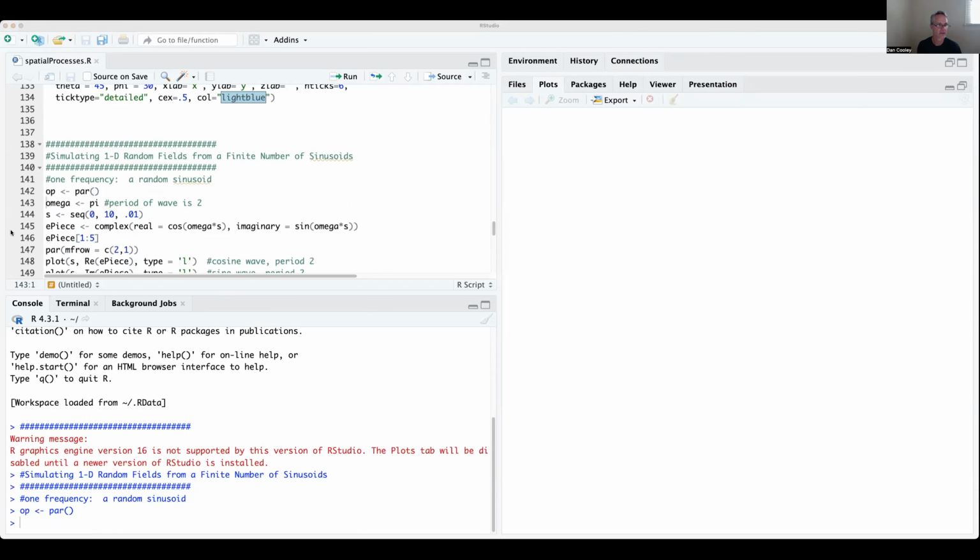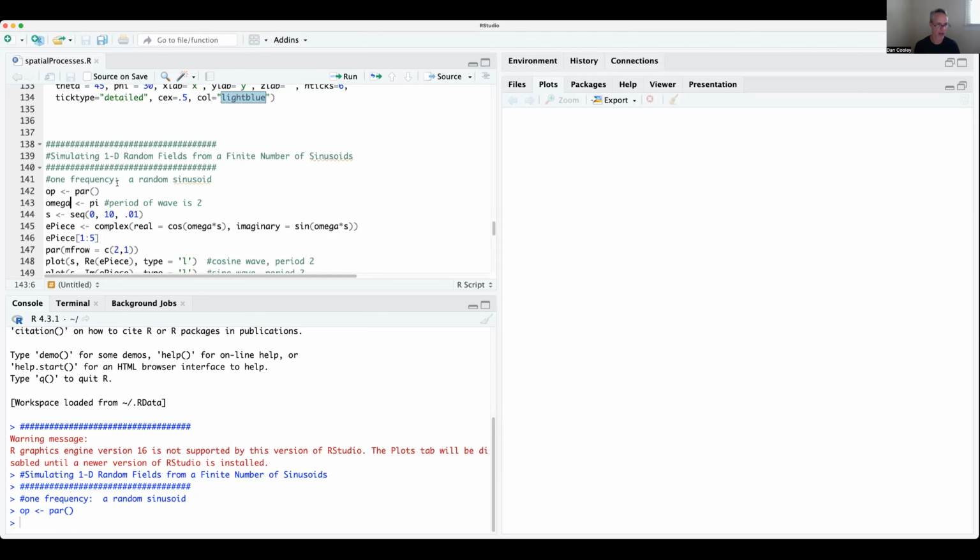First thing I'm going to do is just talk about a random sinusoid. The main purpose of this is if you're a little bit uncomfortable with these complex coefficients, these complex random variables, hopefully this will illustrate it for you.